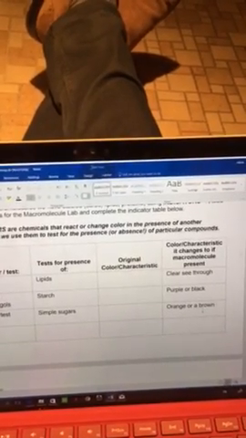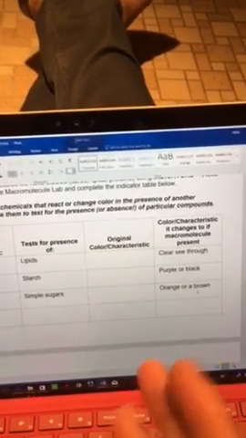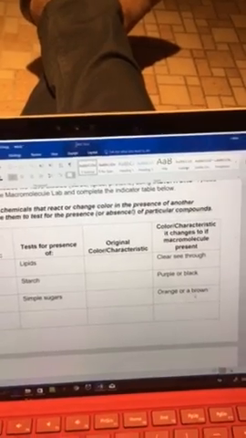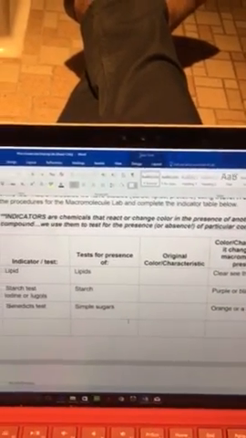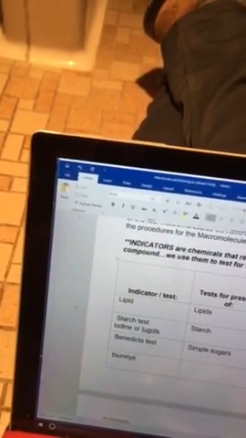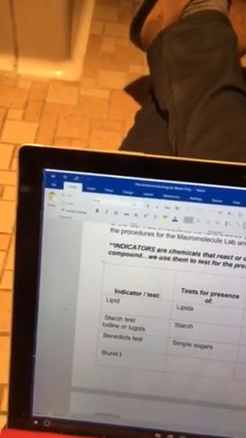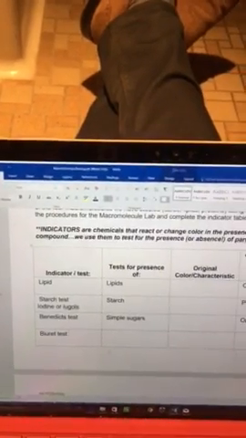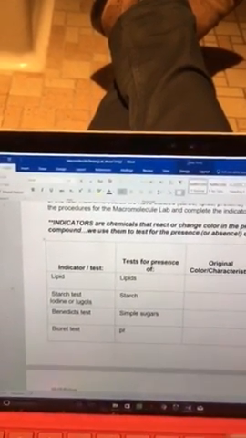An orange or a brown is going to give you a positive for a simple sugar. So if you have a green, a blue, a pink, or a yellow, obviously it's not going to be positive. It's going to be negative. The color that you're looking for is orange. The last test that you guys are going to do is the Biuret's test. And that's going to test for the presence of protein.